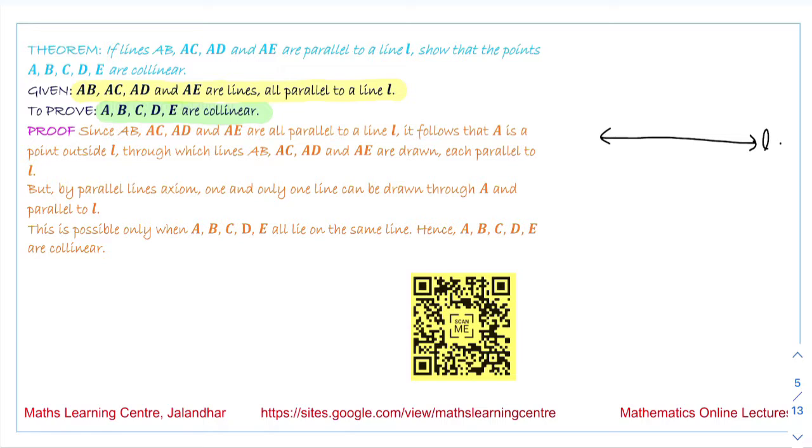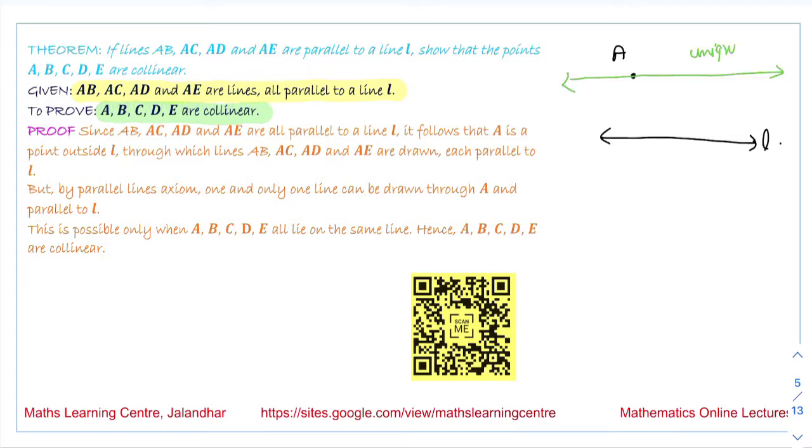As AB, AC, AD and AE are lines parallel to L, A is some point outside L. Now by the parallel line axiom, we can draw a unique line.